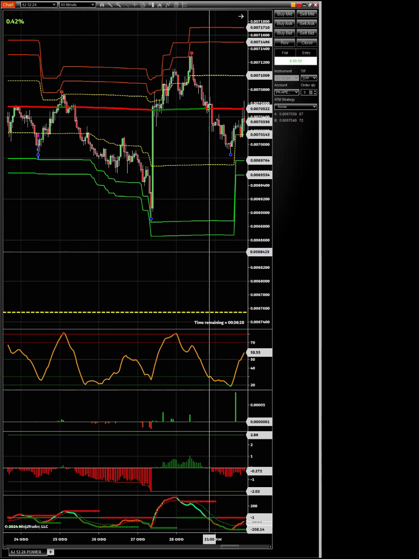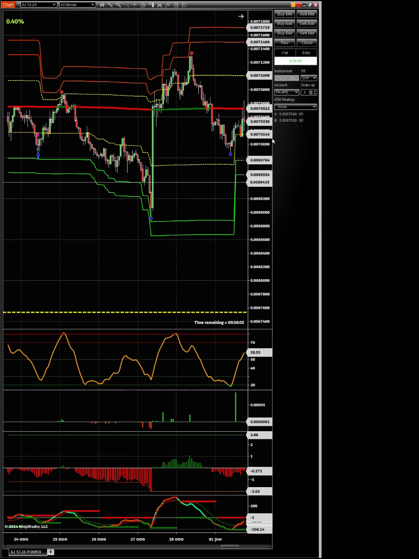So it's a very powerful tool to identify the trend. If the trend is extremely lower, we can search for the long side. If the trend is extremely higher, we can search the short side. Then we can combine this with the Muli bands.